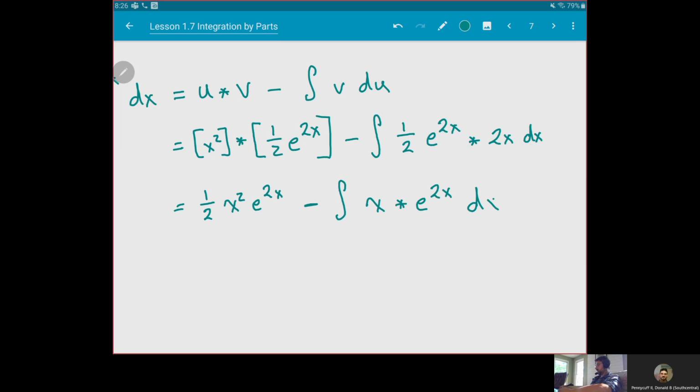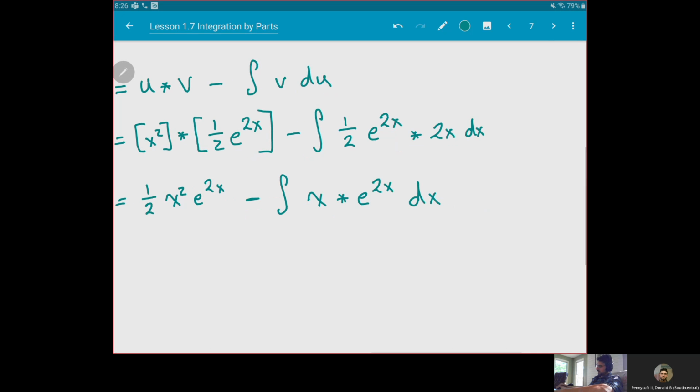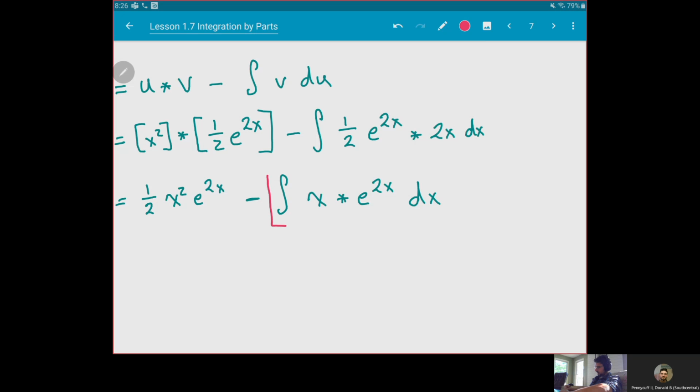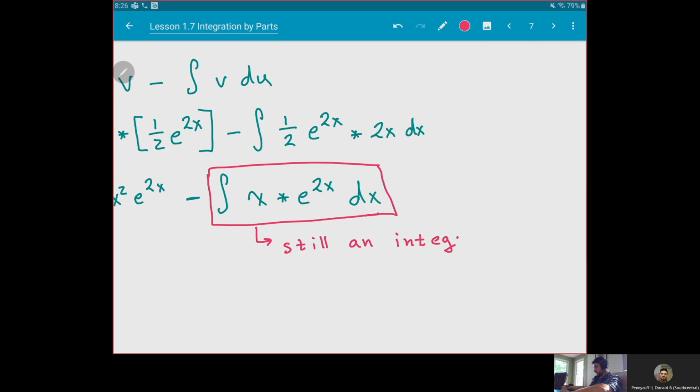Okay, so let everyone get to here because now we're stuck. Now we are right back to an integration by parts problem. This right here, I'm sorry, is still an integration by parts problem.